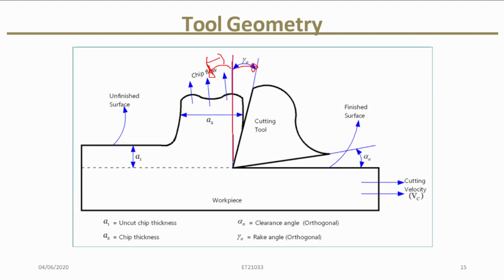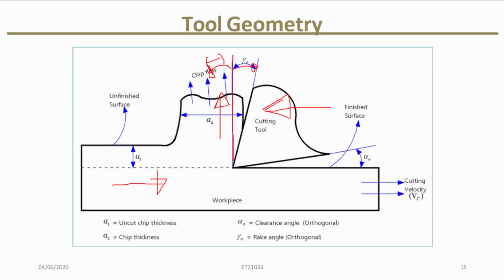So the cutting tool feed moves in this direction, the workpiece direction is this direction, and this is the chip flow. It goes in this direction.